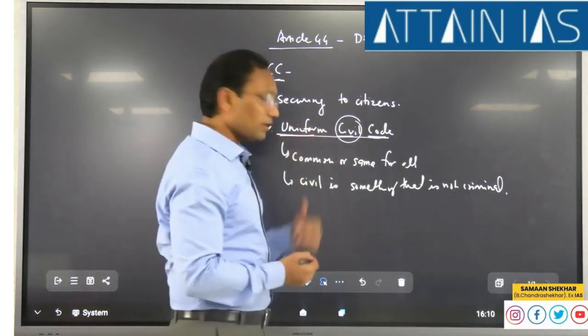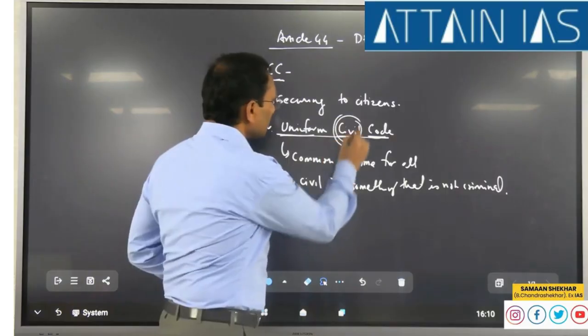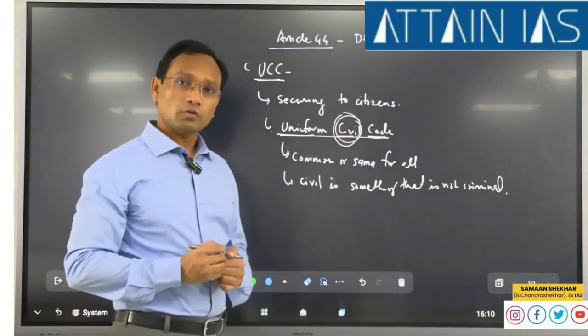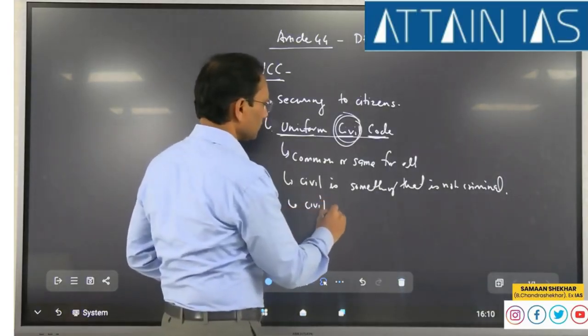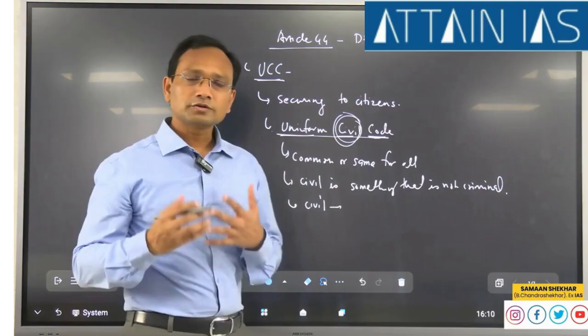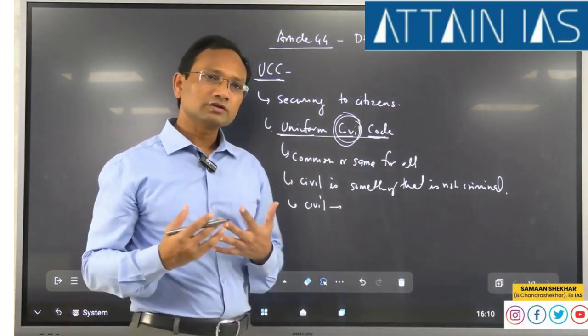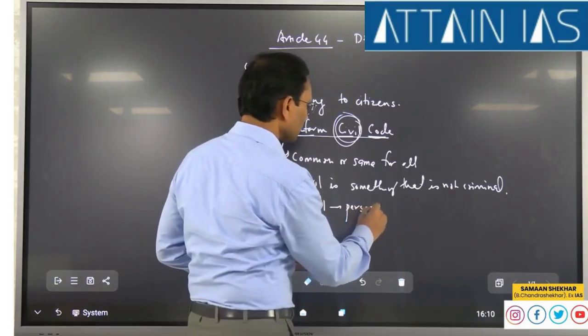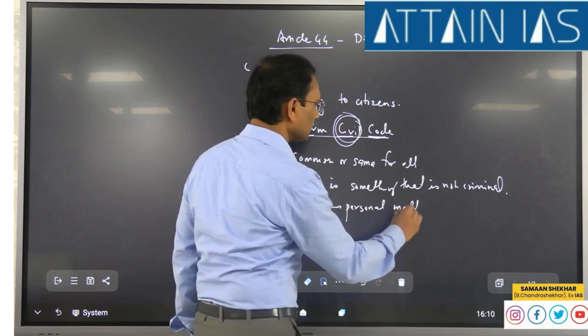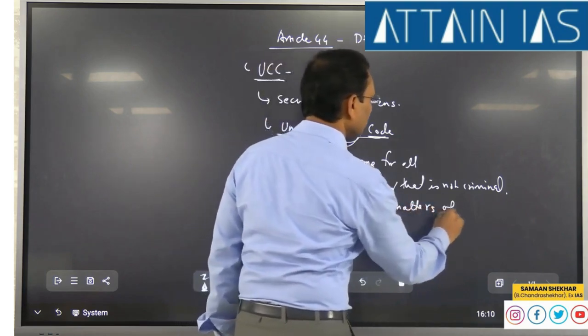But for our context, in the context of the Uniform Civil Code, this civil basically means the matters that relate to people's personal lives, which is personal matters, right? Personal matters of civil nature.